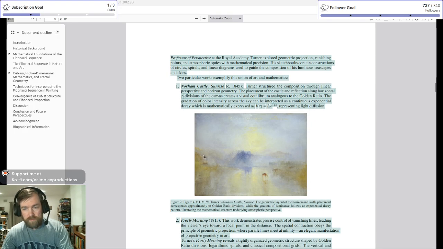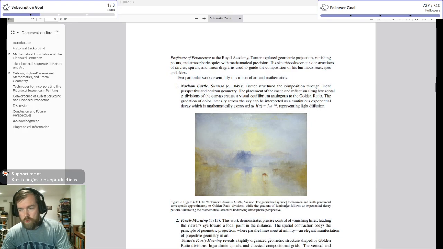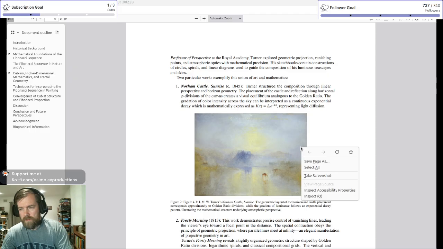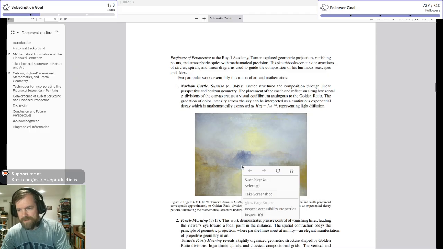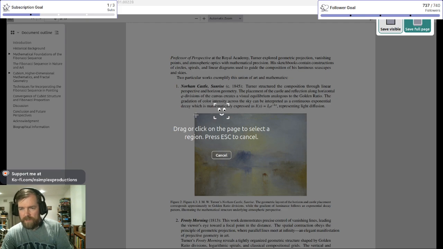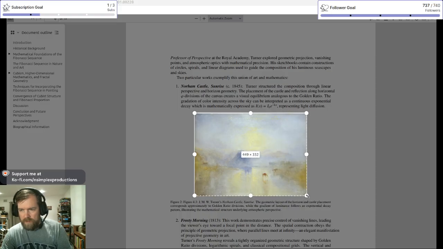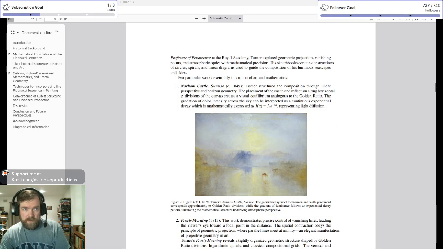Oop, nope, don't select all. I can't just take it. Fine. We'll come out just a little bit beyond the painting. Copy and paste.